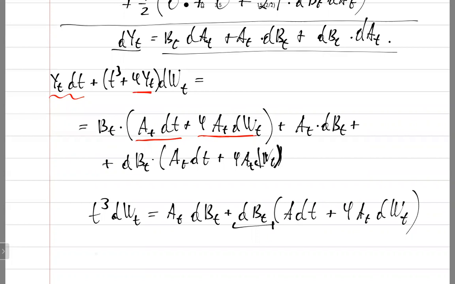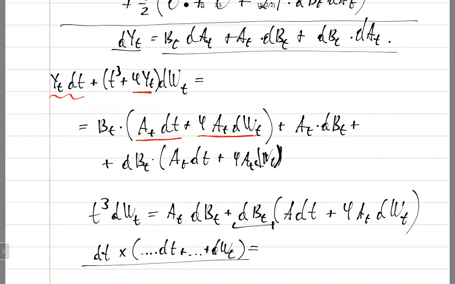I don't know what dBt is, but according to symbolic rules, when I multiply dt by anything, it will be 0.